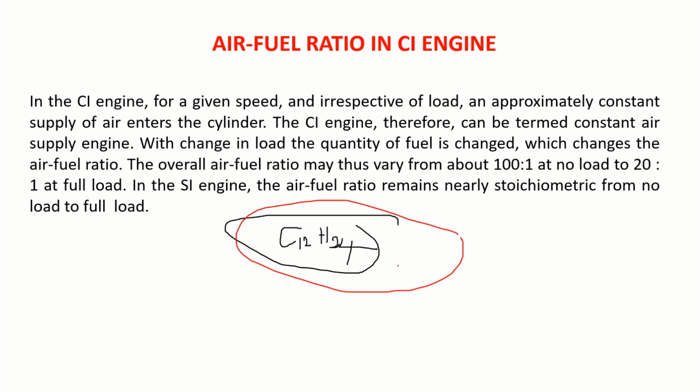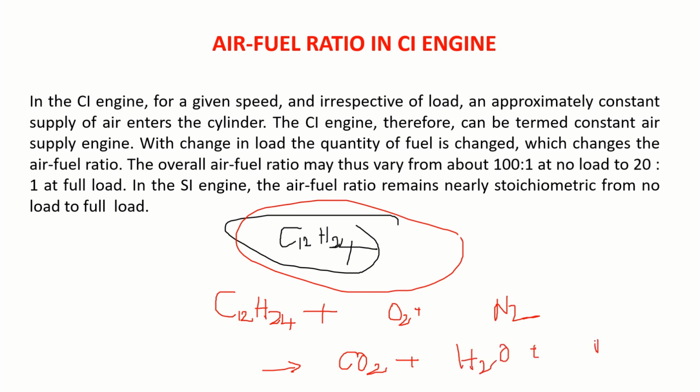Okay. Now for this also we can calculate the air fuel ratio. C12H24, again oxygen, again nitrogen, then again you can calculate CO2, then this will become H2O, then nitrogen.